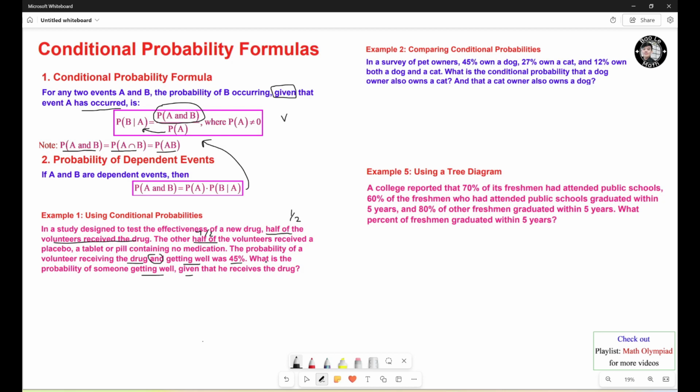Basically, you need to read the question and label letters to represent the events. What is the probability of someone getting well?